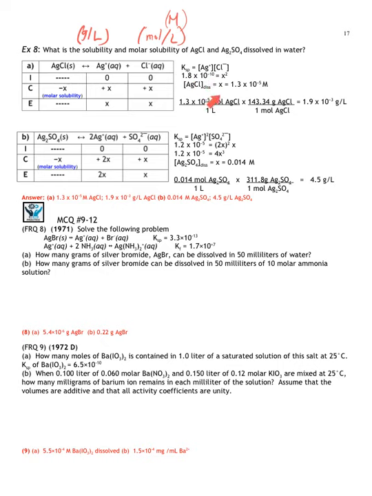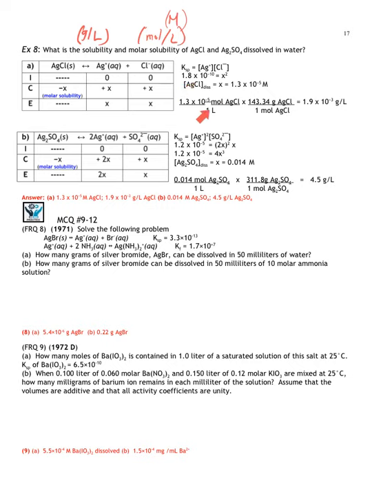Then solve for x. Once you have x, you really have to know what x represents. X is the molar solubility: how many moles of this salt will dissolve to make a 1 liter saturated solution?